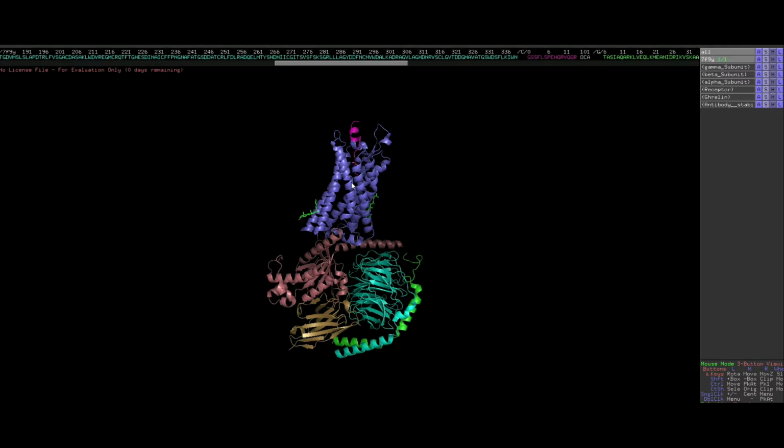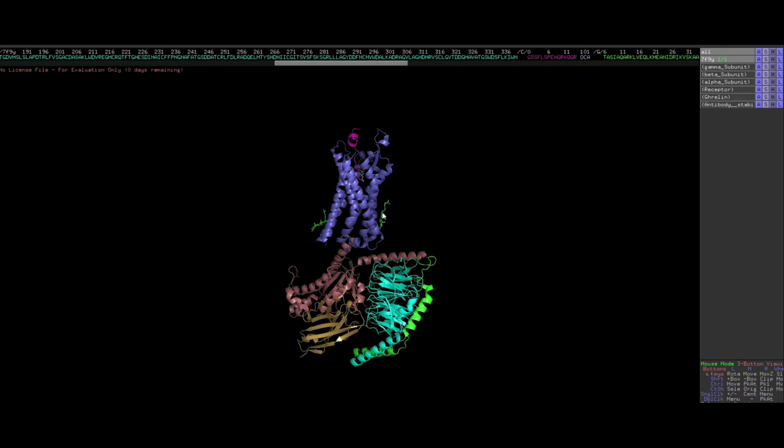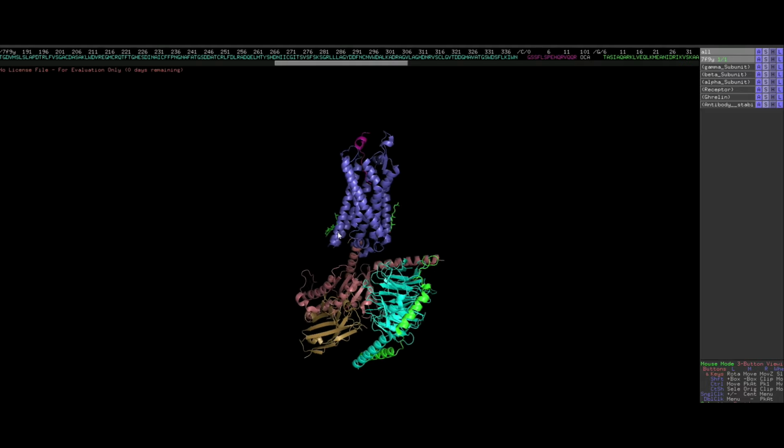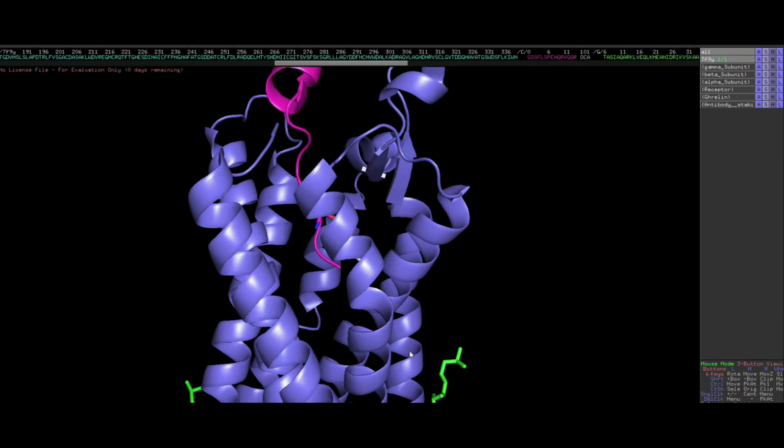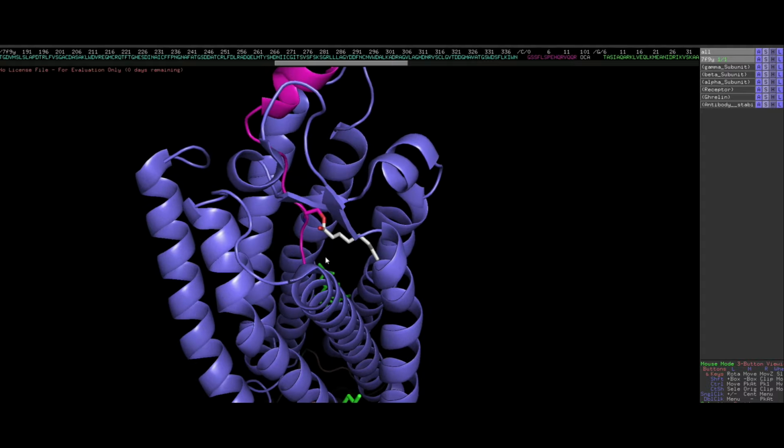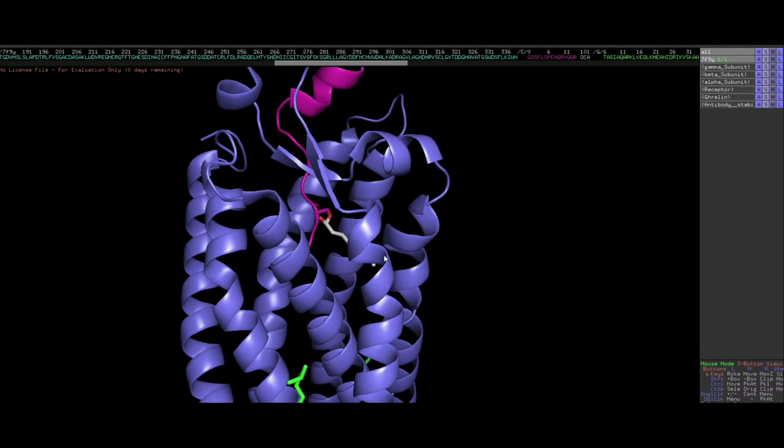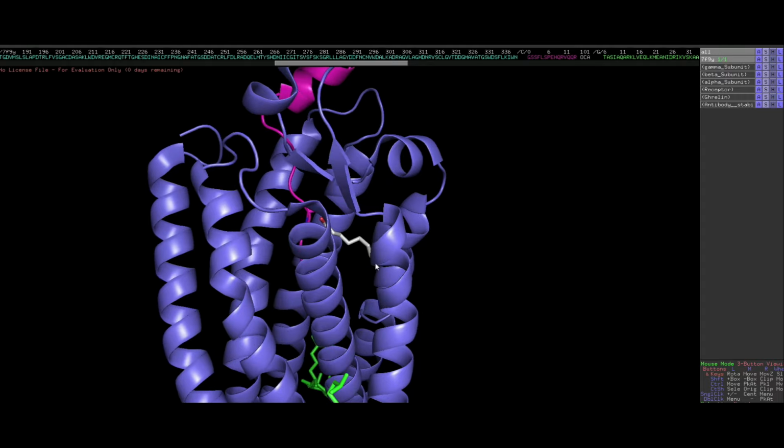But we can see here the receptor. There's these green molecules here that are hydrophobic molecules, and those are present for stabilizing as well, because this part of the receptor would be embedded in the membrane, so it's hydrophobic, and so it requires having those hydrophobic molecules there. But the thing I wanted to point out was this gray thing down here, that is the fatty acid bound to our ghrelin.